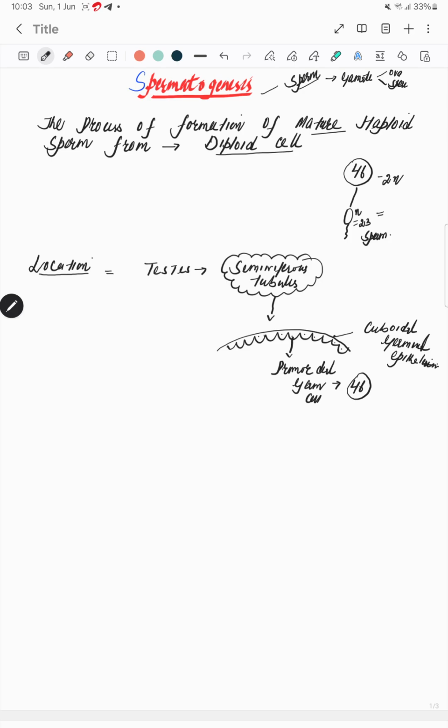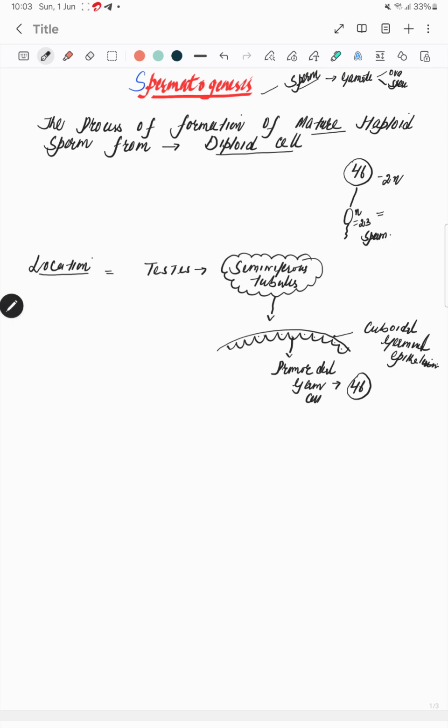So the testes have seminiferous tubules, lined by cuboidal germinal epithelium, and from this germinal epithelium, primordial germ cell formation takes place, having 46 chromosomes.